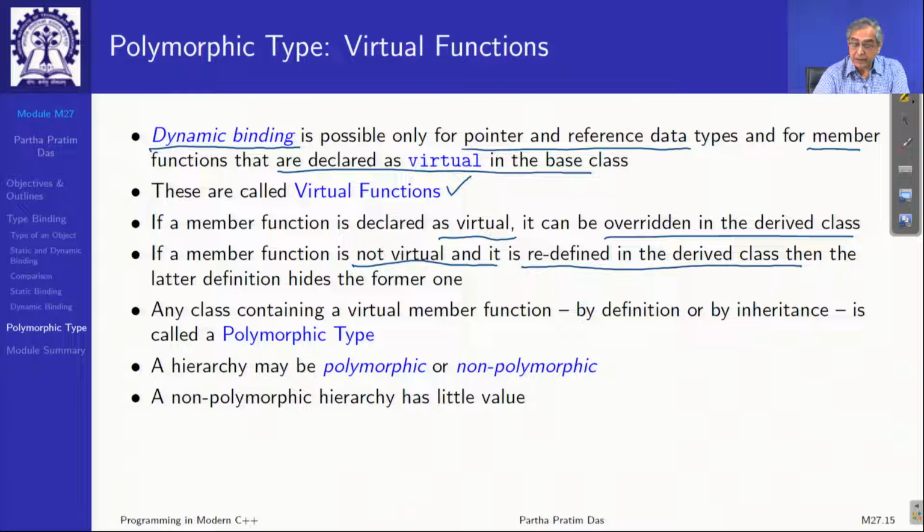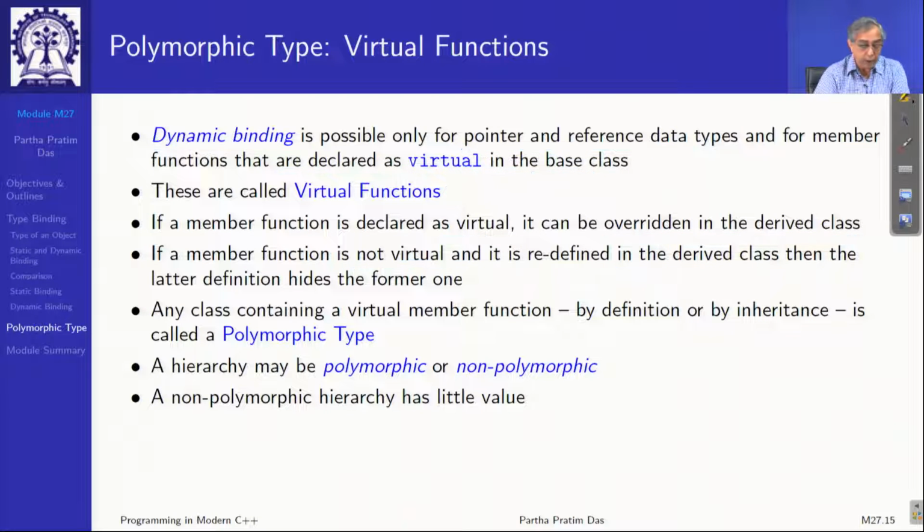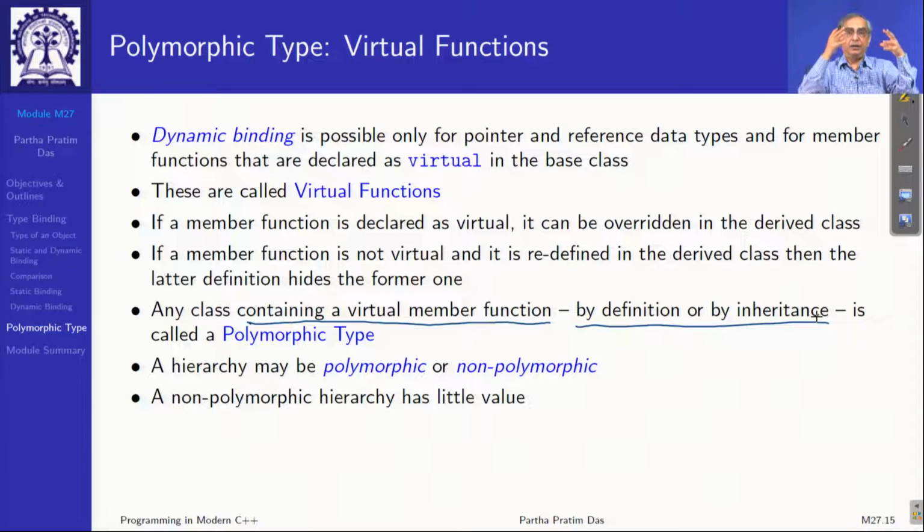So, given all these, any class which contains a virtual member function, at least one, it may be many, which could be either by definition that it is declared as virtual, or it has got by inheritance because its parent had a virtual function, and being a specialization it has inherited from the parent.